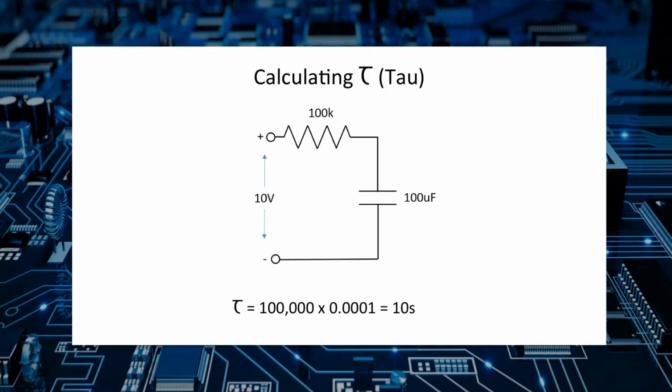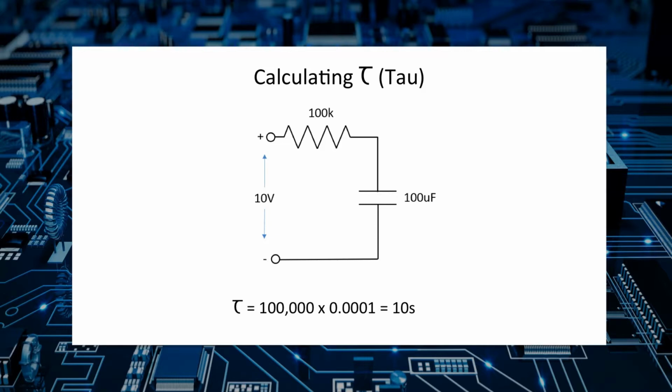The formula for the rate of charge or discharge is given by the Greek letter tau is equal to capacitance times resistance. Again, where capacitance is in farads and resistance is in ohms.